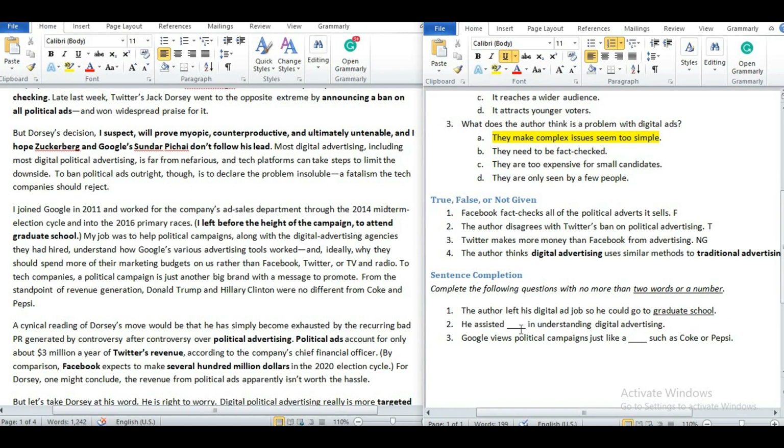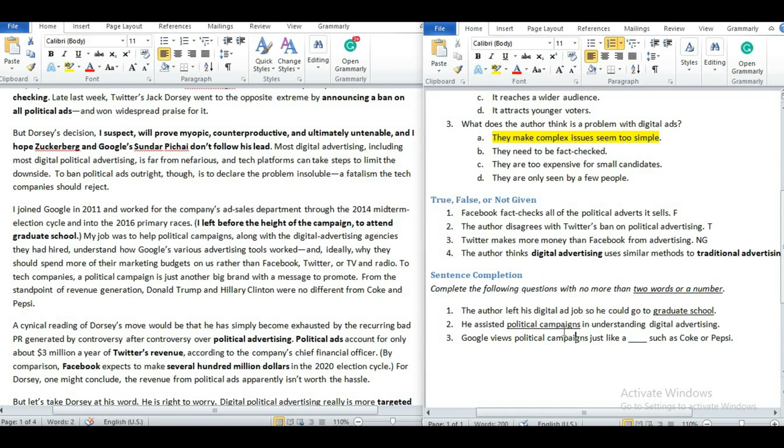Our next answer is going to come pretty quick after. He assisted blank in understanding digital advertising. We can look here, digital advertising, and we can see this word help, which has the same meaning as assisted. And so our answer here, I'll just copy and paste, is political campaigns.